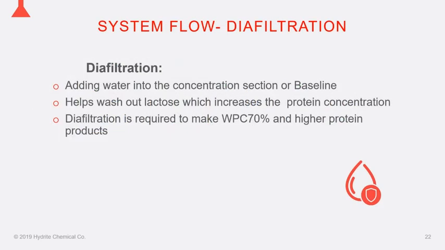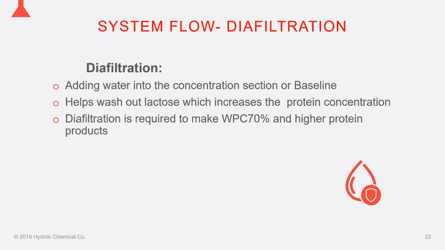Okay, so now we're going to talk a little bit about diafiltration. Diafiltration is adding water to the concentrate section or the baseline. We typically see this in whey protein concentrates. Anything at 70% or higher in protein will require diafiltration. It seems weird that we're adding water back to remove the water.